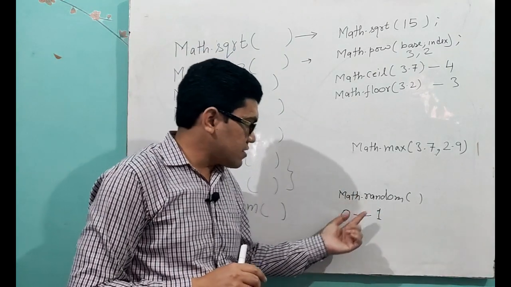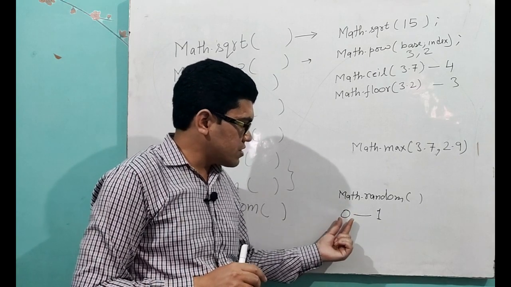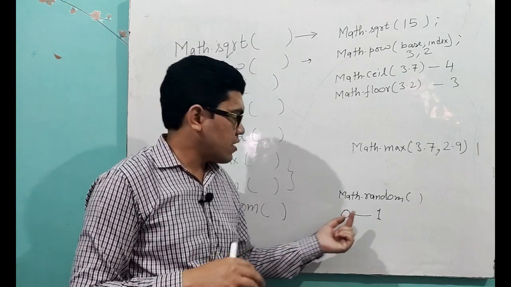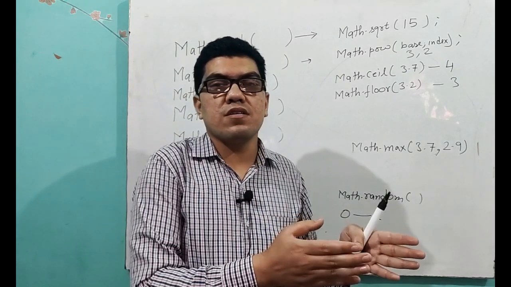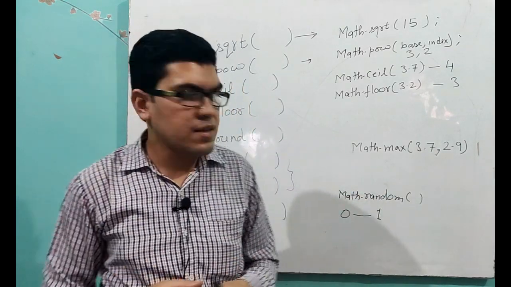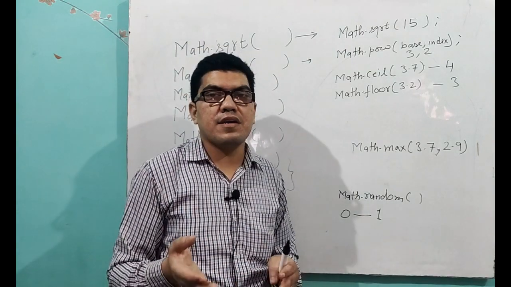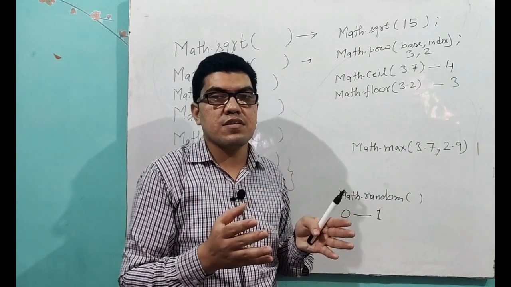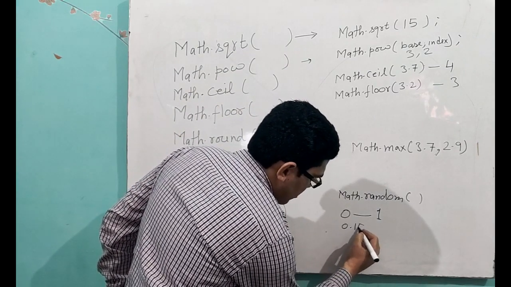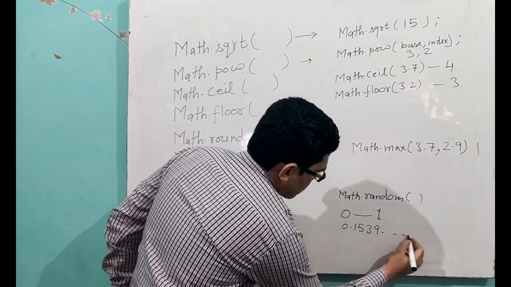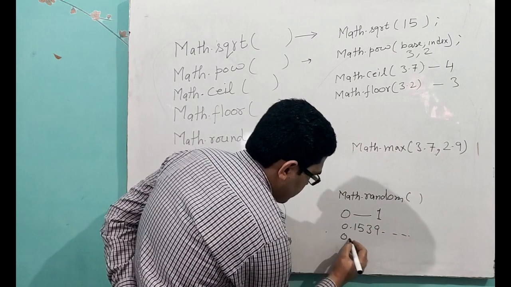So it always returns a value which is lying between 0 and 1. It means it may return something like 0.1114567, or it may return 0.567, any value it can return, but the value will be between 0 and 1.